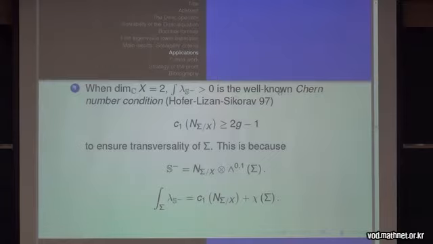And this is actually a corollary of our criterion, because in this case S is the normal bundle times the cotangent bundle of sigma. So the lambda is given by the curvature of the normal bundle and the curvature of sigma. That is the c1 number of the normal bundle and the Euler characteristic number of sigma. And this is 2 minus 2g, so we recover this condition.